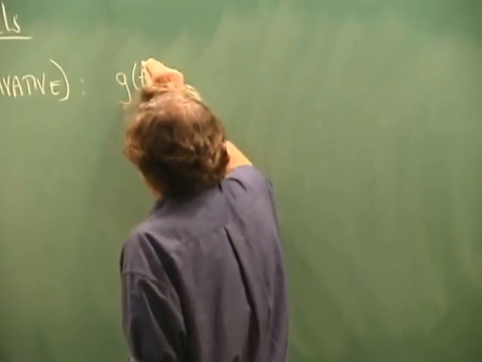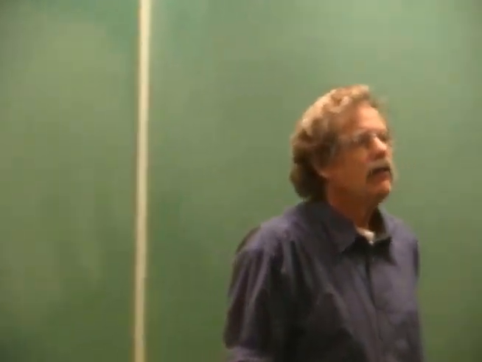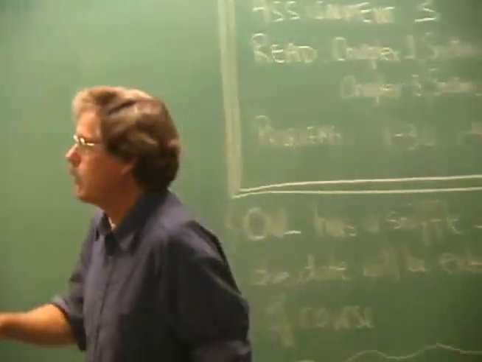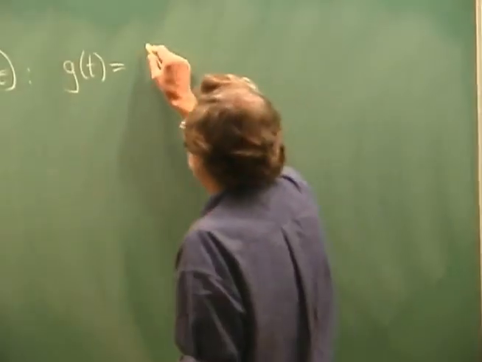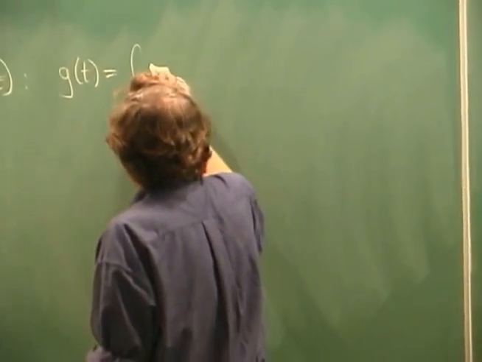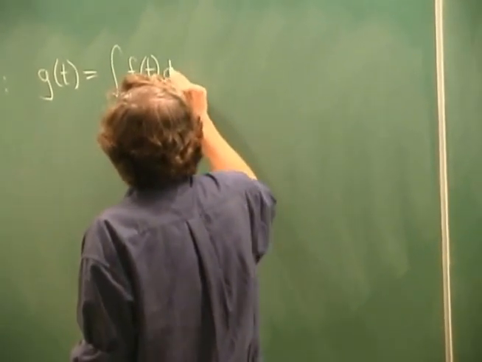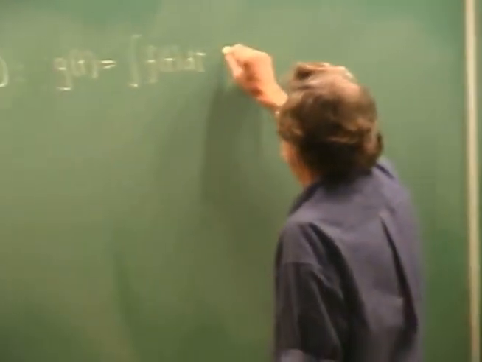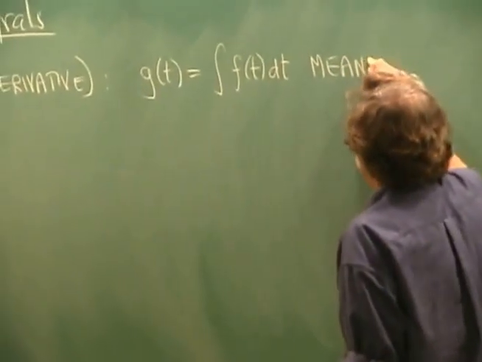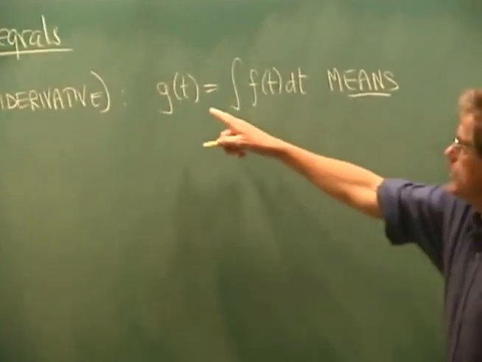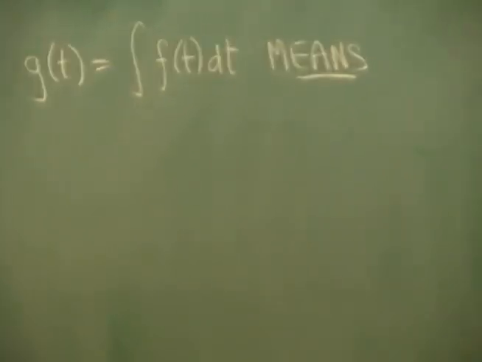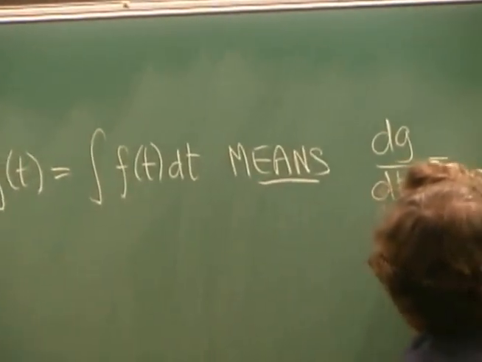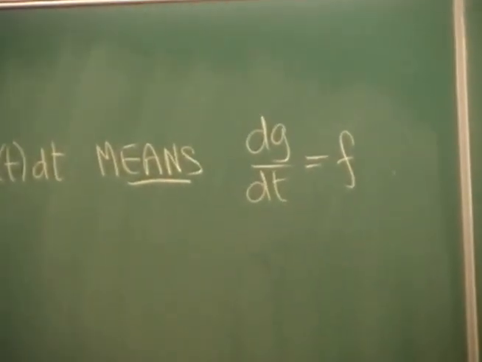G of t is the indefinite integral of, I don't want to use v and x because that's just a particular application, so I'm going to use g and f. G of t is equal to the integral of f of t dt. What does this whole expression mean? It means that g is the function which, when differentiated, gives you f. It's the antiderivative of f. dg by dt equals f.